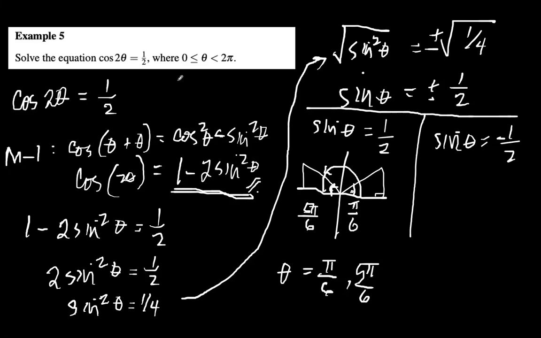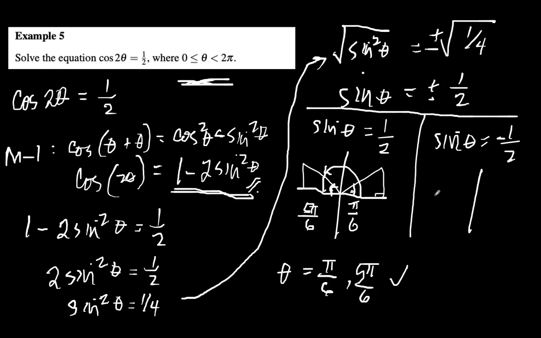However, our conditions for theta must be less than 2 pi but greater than or equal to 0. So we got these values for sine theta equal to 1/2, and let's proceed to the next.